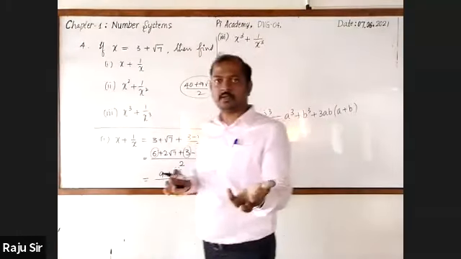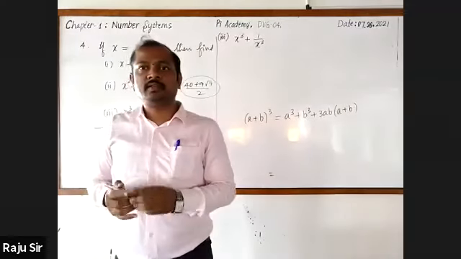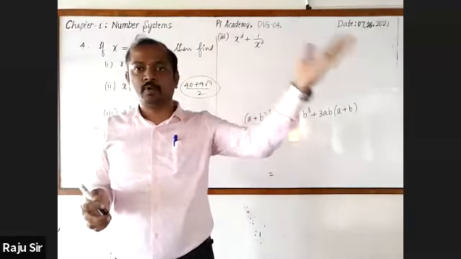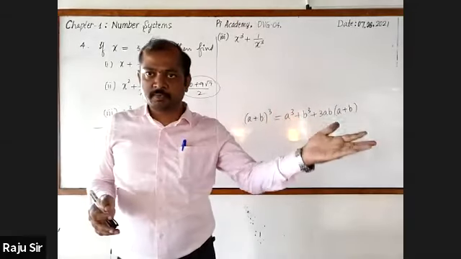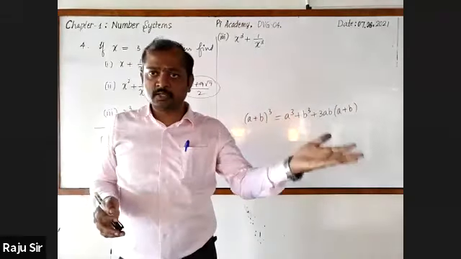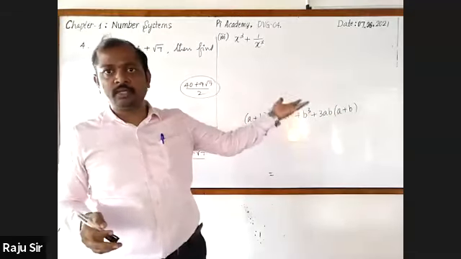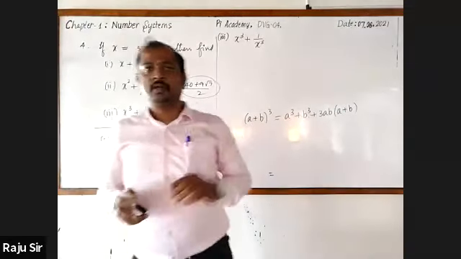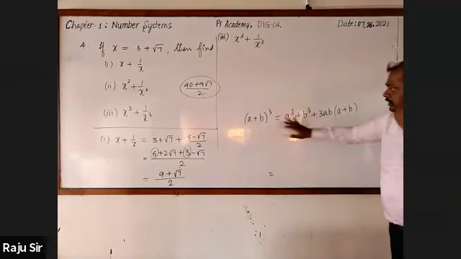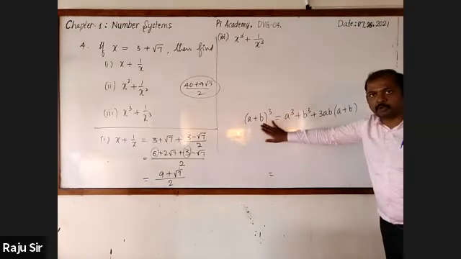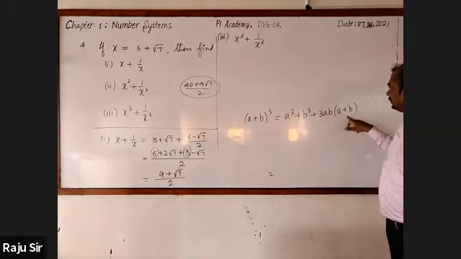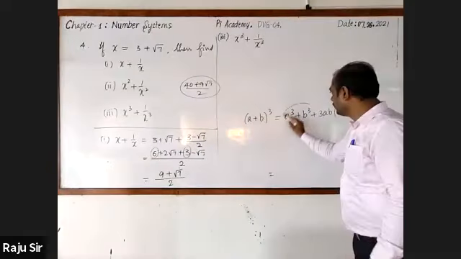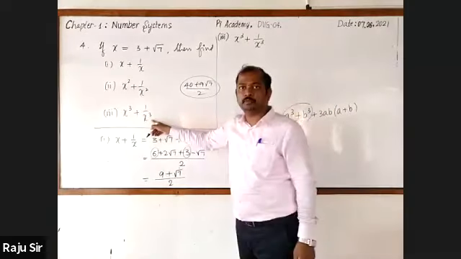Last year you learned a plus b whole square, a minus b whole square, a plus b into a minus b, x plus a into x plus b, a plus b plus c whole square, a plus b whole cube, a minus b whole cube. All these. Now, we want a cube plus b cube.